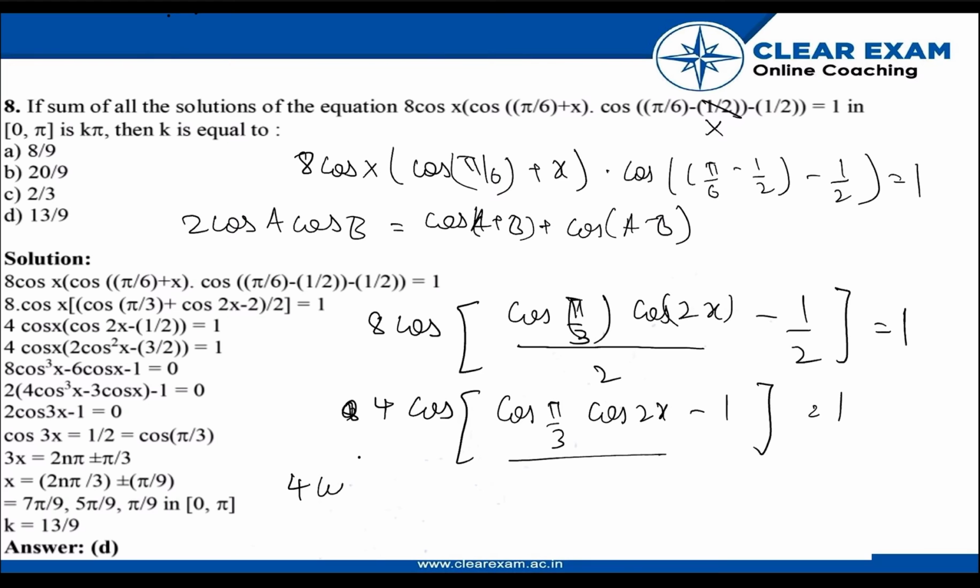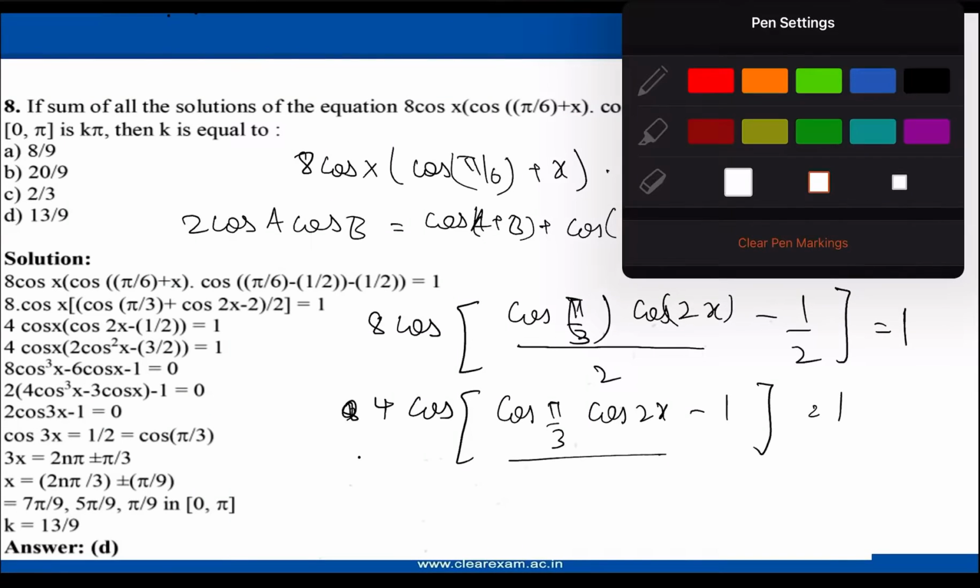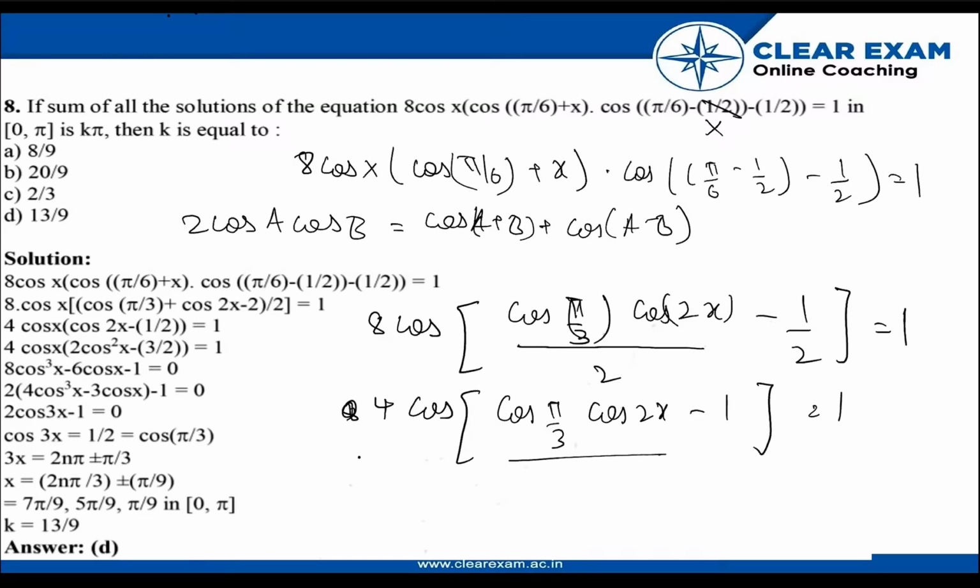So we have 4 cos x into cos π/3 cos 2x. Let's just solve this. I'll just write down the final answer. After solving this, we get 2 cos 3x + cos x − 2 cos x = 1.